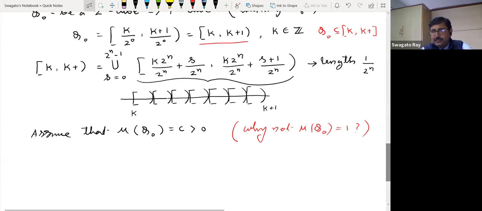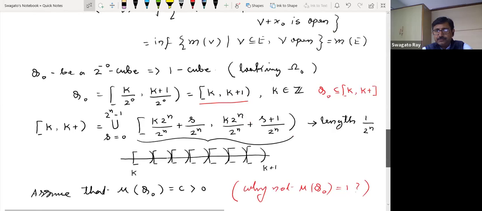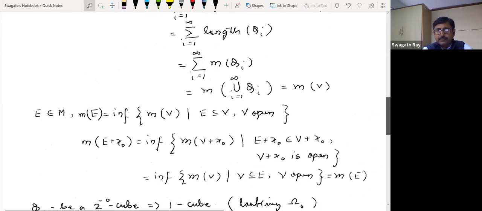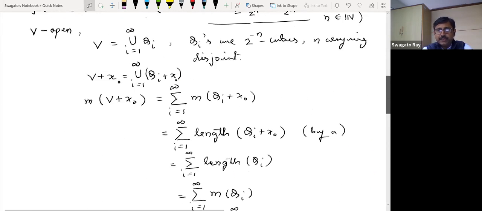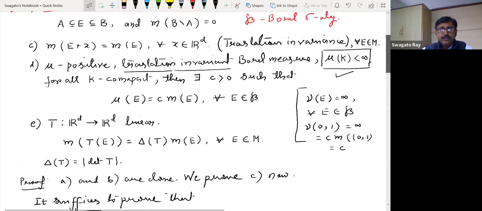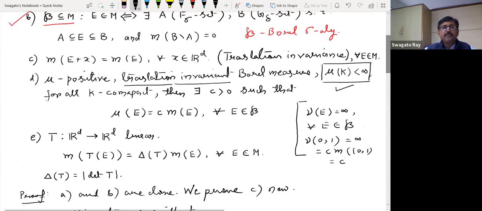Let us look back at the statement, what we are trying to prove. It is D we are trying to prove, okay? D says, suppose mu is a positive translation invariant measure. Nobody said that this is Lebesgue measure. So I don't know whether mu assigns to an interval its length.